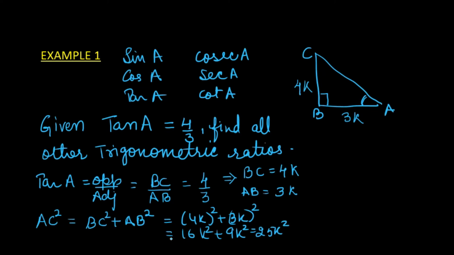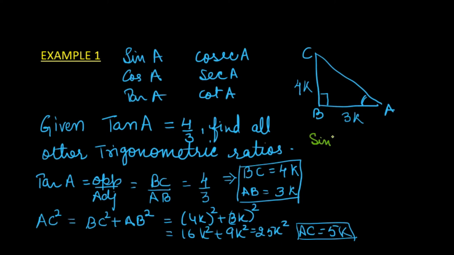If AC square is 25K square, then AC is 5K. So we have got all the three sides with us. If all the three sides are known, then we can find all the trigonometric ratios. So let us find them.